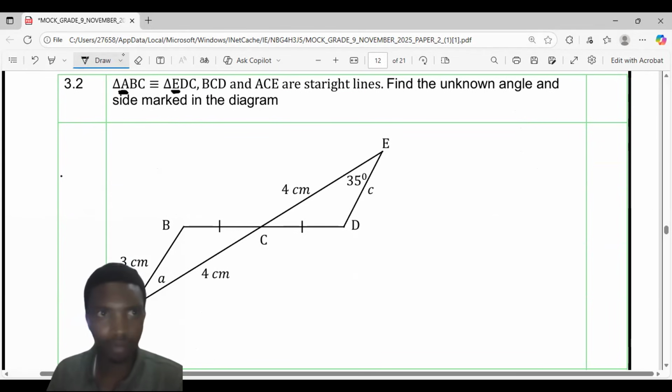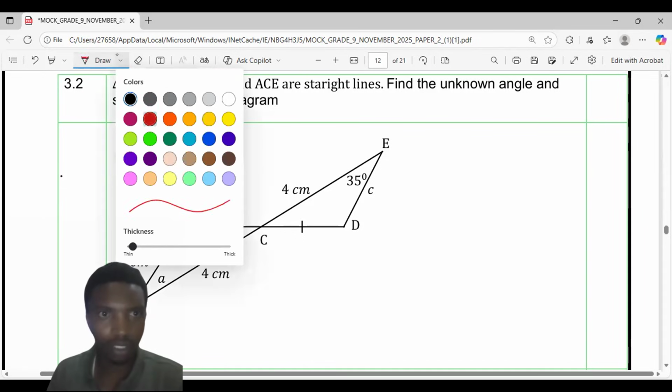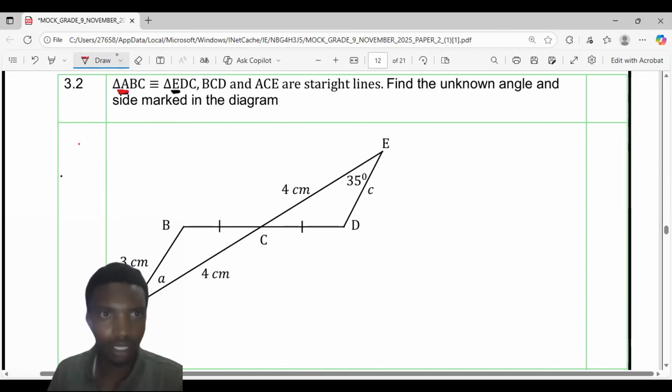That's what they're saying. If they're congruent, it means that A should be equal to E, meaning the value of A is equal to how much? 35, because E is also 35.